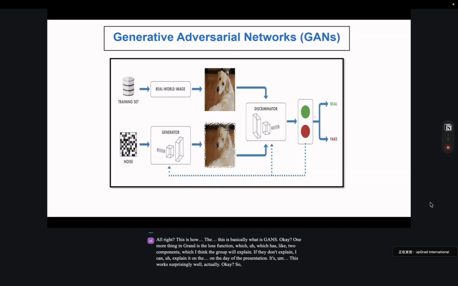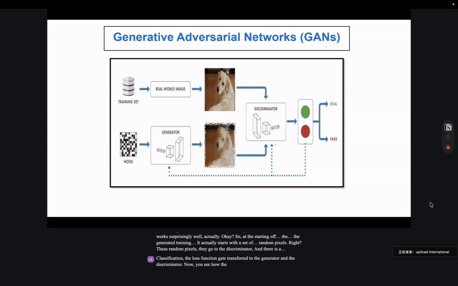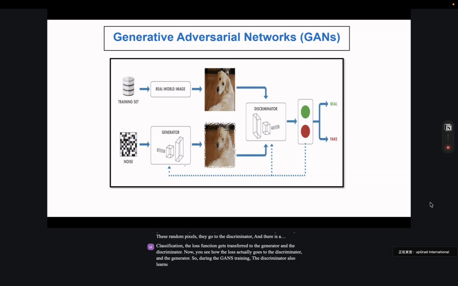At the start of generator training, it starts with a set of random pixels. These random pixels go to the discriminator and there is a classification. The loss function gets transferred to the generator and the discriminator. Now you see how the loss actually goes to the discriminator and the generator. So during GAN training, the discriminator also gets even more sophisticated, right?